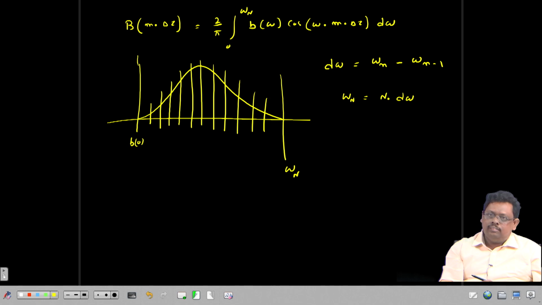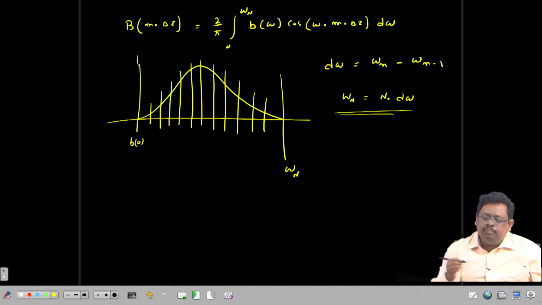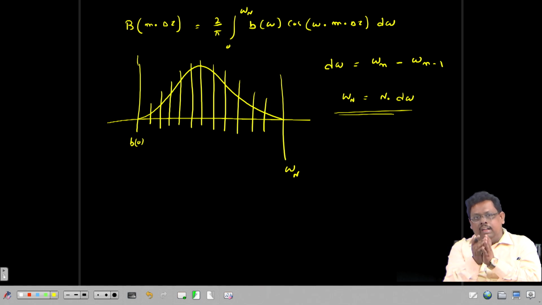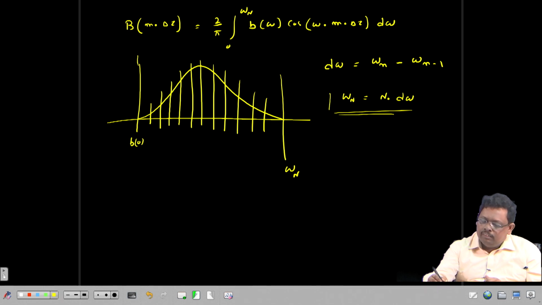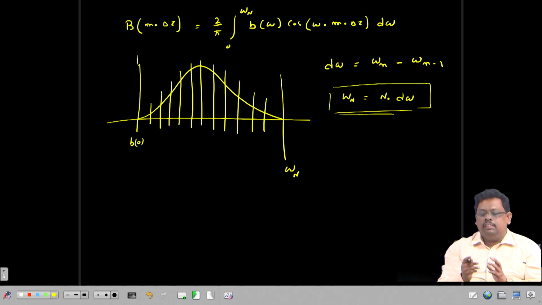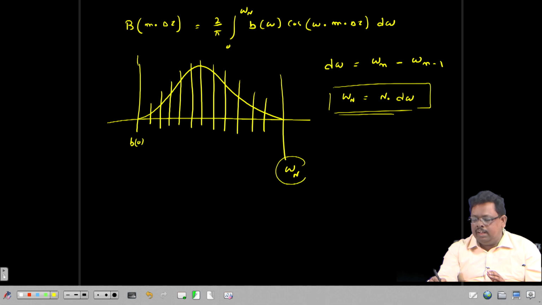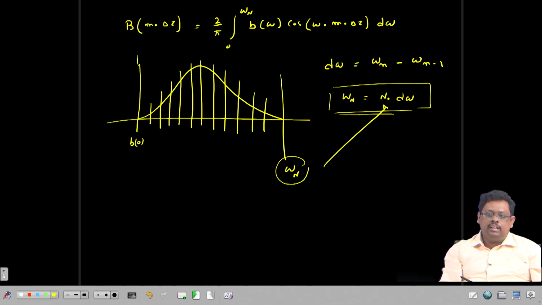Right, fine. So, we also understand that, because you see this integration, ultimately this integration sign I need to replace by some kind of a summation sign, right. So, therefore, we have to represent this omega in the form of this n into d omega, right.